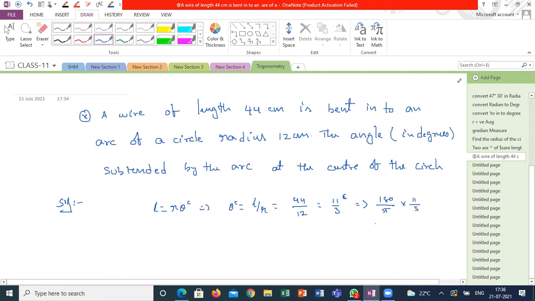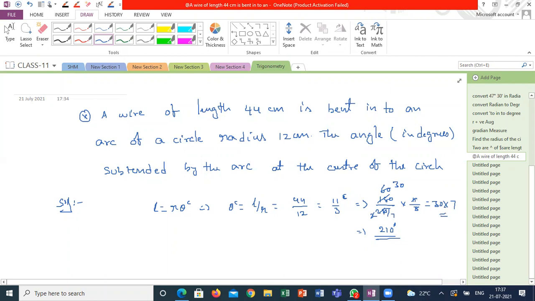Am I right? So with pi as 22 by 7, 11 twos, 60s, 230, so this is 30 into 7, 210 degrees.